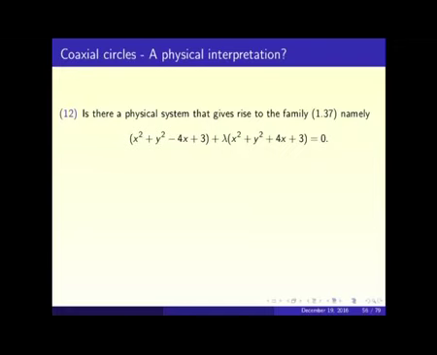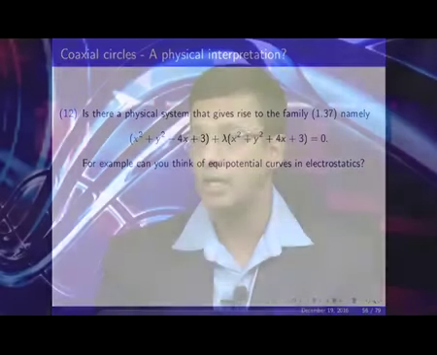Can you think of equipotential curves in electrostatics? For example, I gave you a hint. Look at the pictures on page 635 of Resnick and Halliday's book. Now you got another family of circles. Are these circles equipotential lines of a certain configuration of charges?